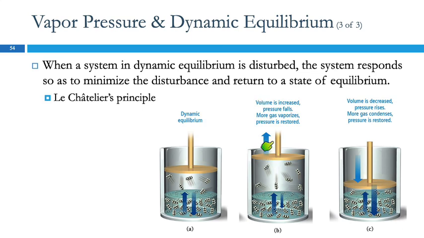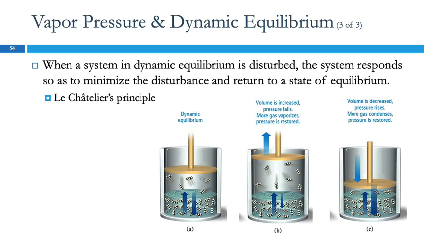If we pull this plunger up, increasing the volume, what does that do to the pressure of that gas? The pressure is lower, right? Or we could think of the concentration, how many molecules per liter. The concentration is less. Well, is that going to affect the rate of evaporation?